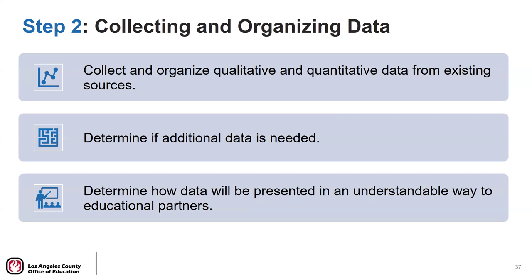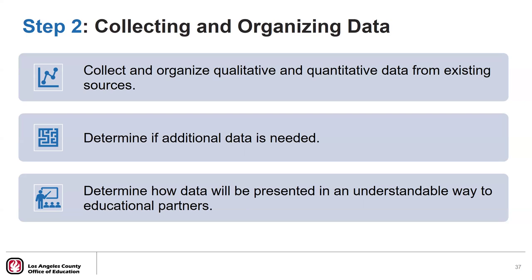Step 2 is collecting and organizing data. And so data is a foundational component of the needs assessment process. And so as mentioned earlier, the comprehensive needs assessment must include an analysis of verifiable state data, consistent with all state priorities and informed by all indicators, including student performance against state-determined long-term goals.